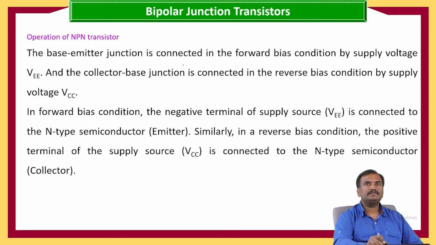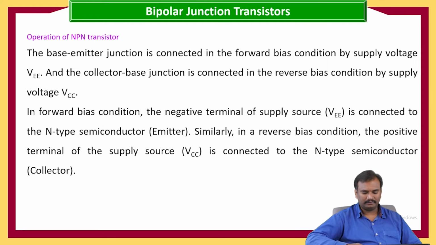Here the base to emitter junction is connected in the forward bias condition by a supply voltage of VE, and the collector base junction is connected in the reverse bias condition by supply voltage as VCC. In forward bias condition, the negative terminal of supply voltage source is connected to n-type semiconductor as we have seen. And similarly, in a reverse bias condition, the positive terminal of supply voltage is connected to the n-type semiconductor, that is collector.